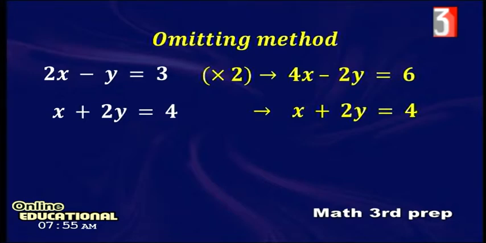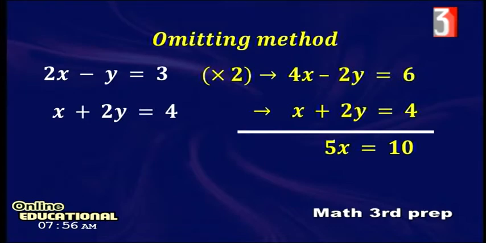If you add these two equations together, you are going to find that negative 2y plus 2y are additive inverses of each other, so their sum is 0. Then 4x plus x gives 5x equals 6 plus 4 equals 10. The negative 2y and 2y are eliminated with each other. In this case, we can say that the value of x equals 2.